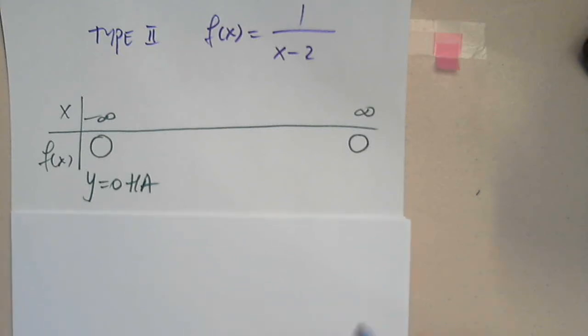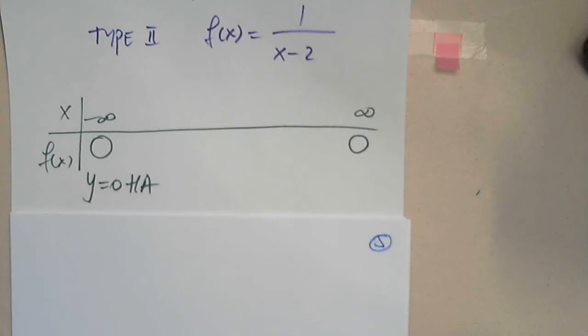Okay, domain, please. Anyone, please, domain. Negative infinity to infinity. Look at the denominator, right? This is not a friendly function.